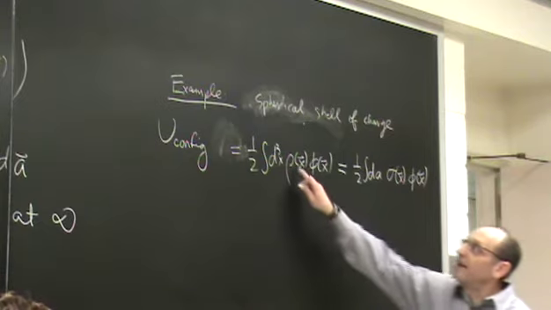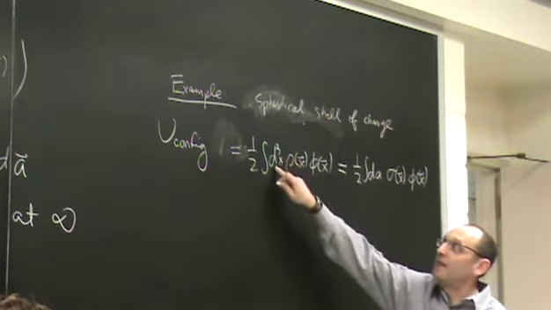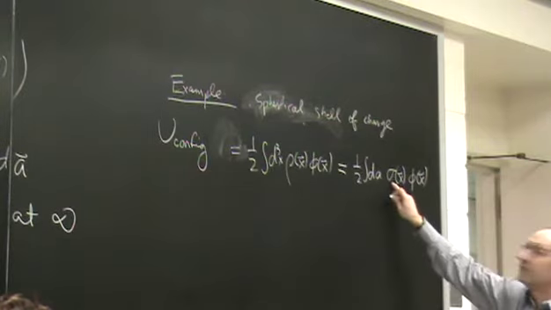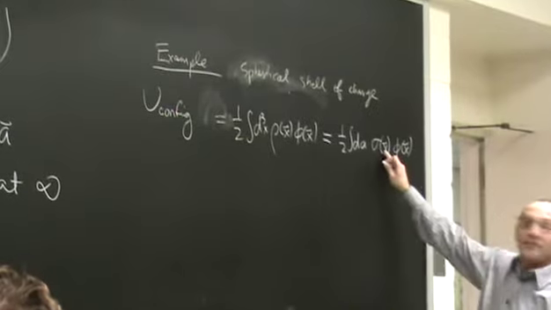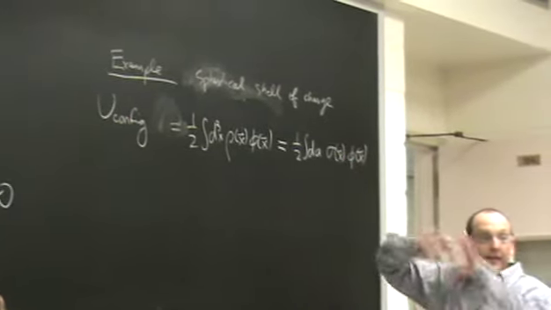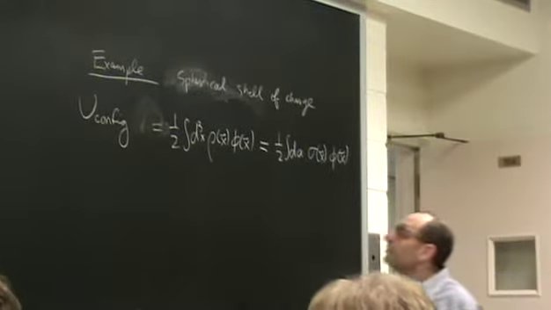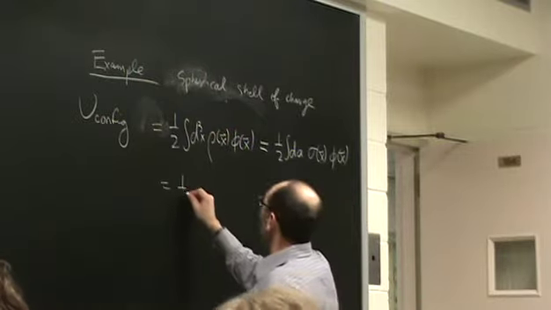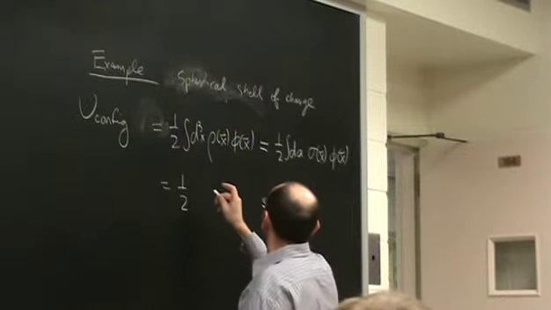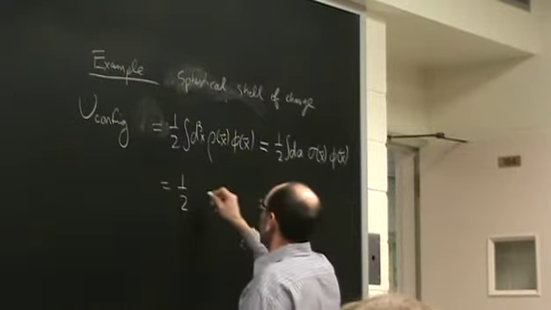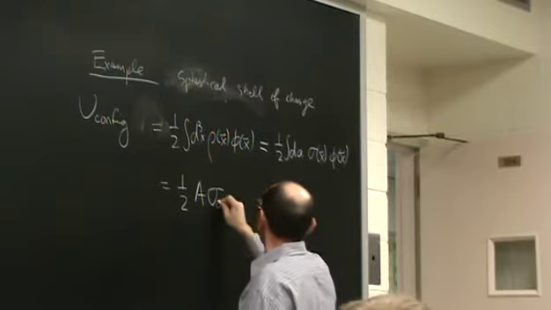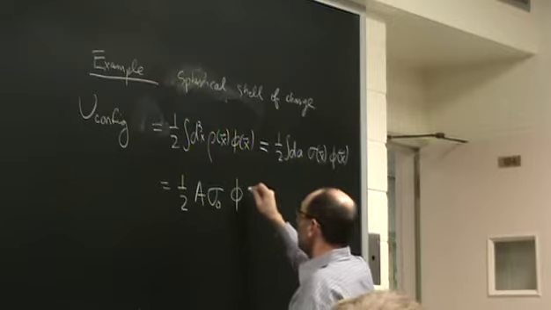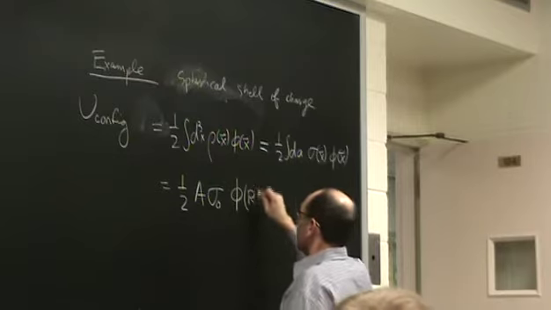You can always take a volume density times a volume element and turn it into a surface density times a surface element. But the surface charge density is constant, and this is uniform. So this is equal to 1/2 the area times the surface charge density times the potential at the radius r.